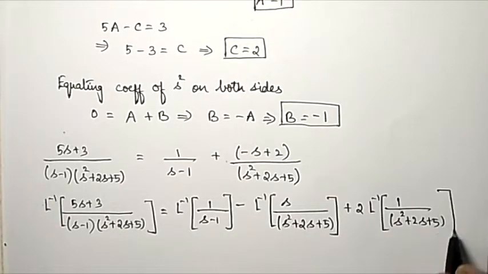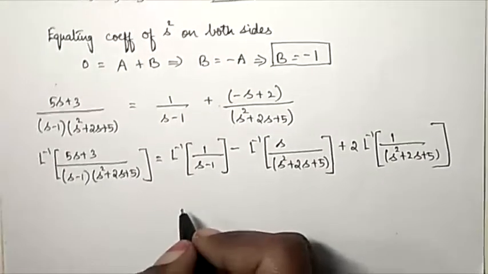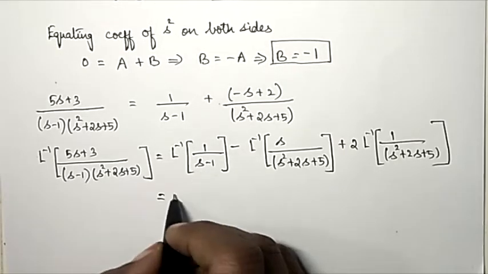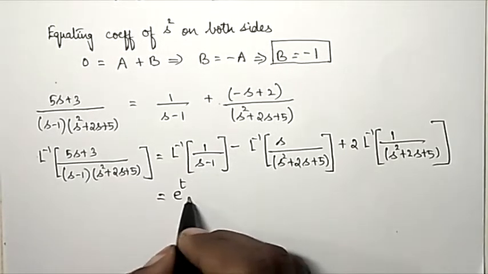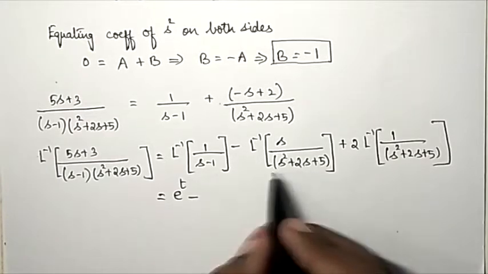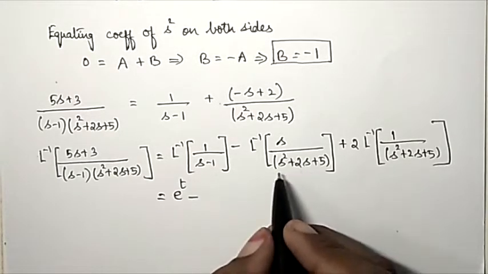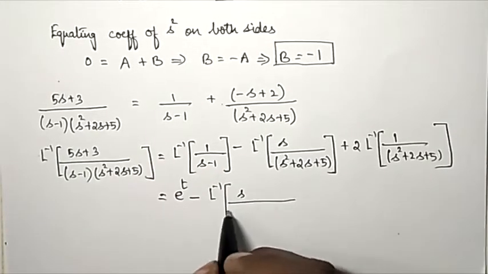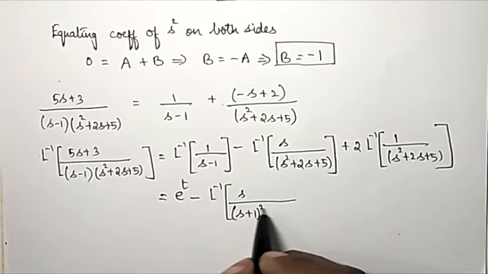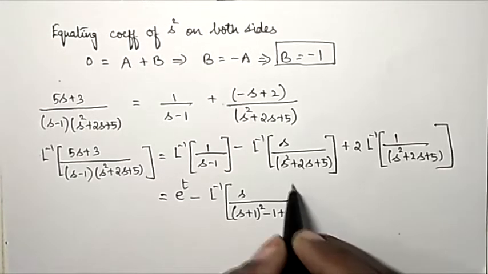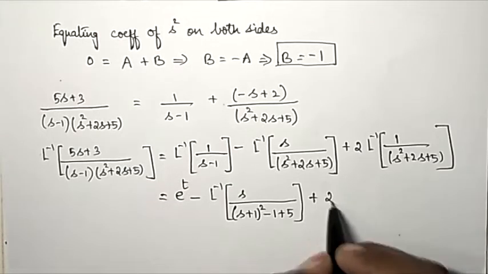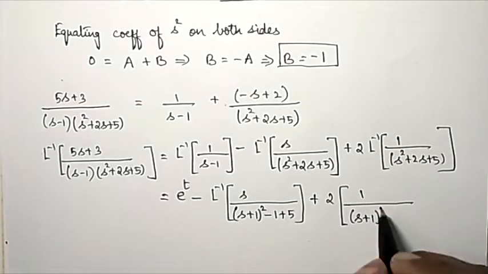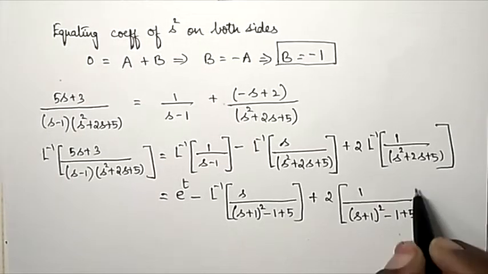Next, L inverse of 1 by (s minus a), so this is e power t. Minus, the denominator is a quadratic. I need to make it a perfect square. So I will write L inverse of s divided by ((s plus 1) the whole square minus 1 plus 5). Likewise for the next term, 2 times 1 by ((s plus 1) the whole square minus 1 plus 5).